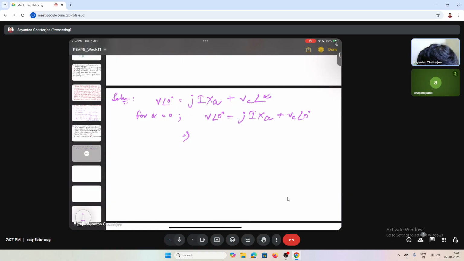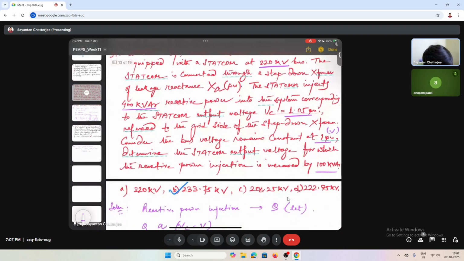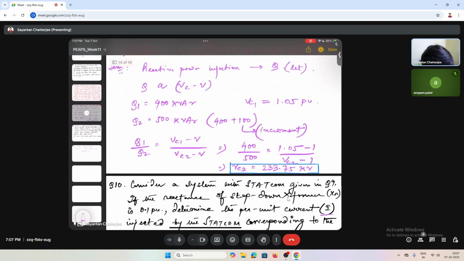So we can state this as J I, sorry, X sigma is 0.1, J 0.1 into I is equal to V angle 0. So V is 1. So 500 reactive power. So for 500 reactive power, this value will be the per unit value.